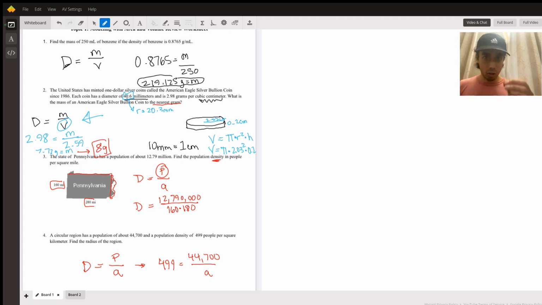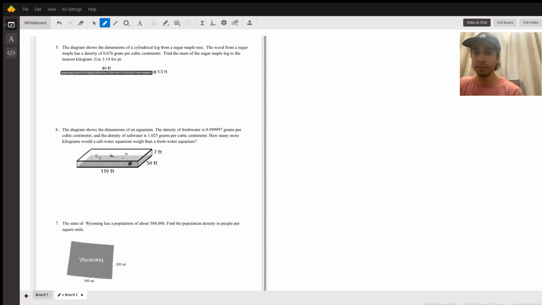And then you're going to solve for the radius, all right? So that's your steps. 1, we're going to solve for A right there. 2, make A equal to this formula right here, and then 3, solve for the radius. All right, that's the steps for number 4.